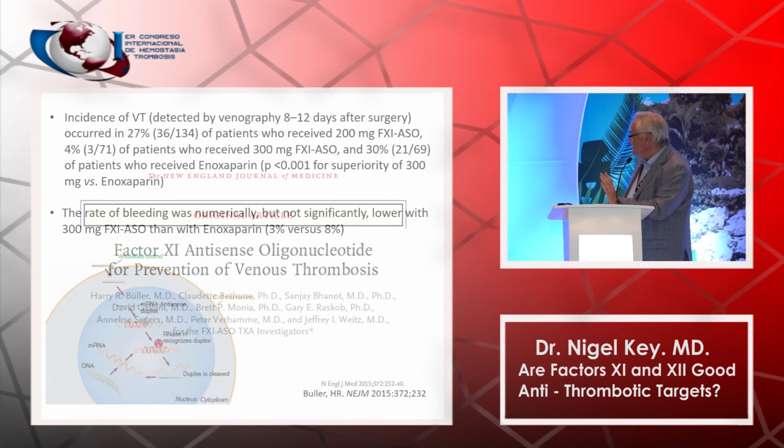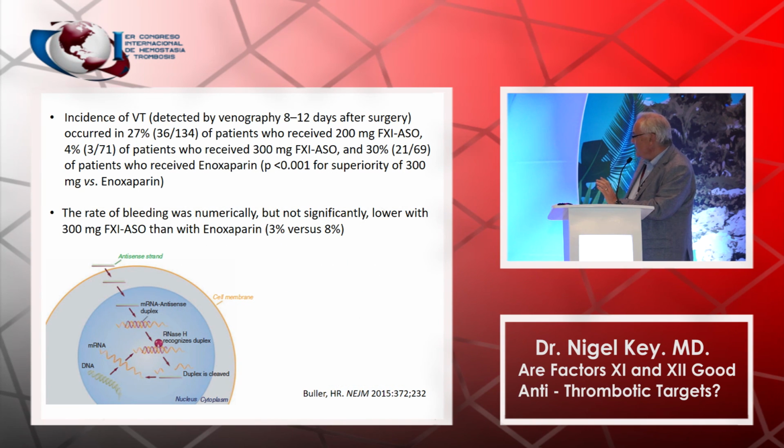Basically this agent is an oligonucleotide which is taken up in the liver, and it binds to the messenger RNA. In this case, it's engineered to bind to the mRNA for factor 11, and this prevents basically the translation of the message for factor 11 and reduced factor 11 levels in the individual receiving it.